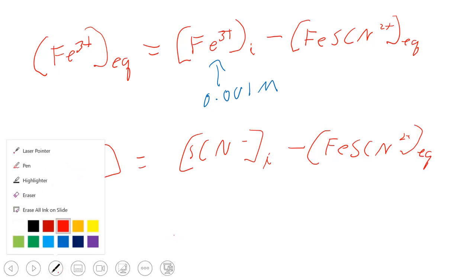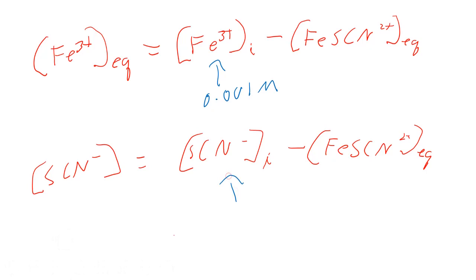So you are going to plug in here the concentrations that you calculated back in step 3, because remember, your SCN concentration is not going to be the same for each of your calculations.